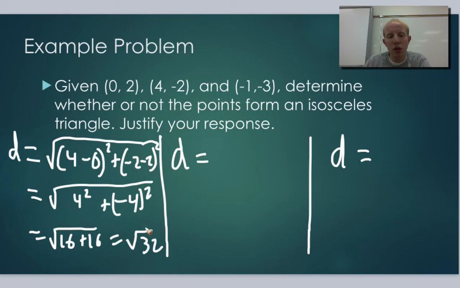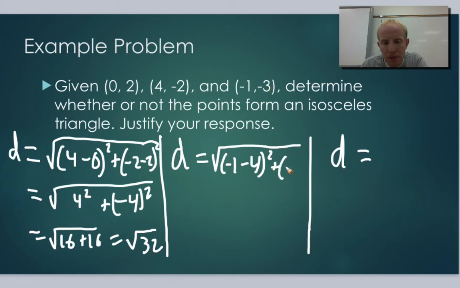Okay, so let's compare it to the other ones. So now we're going to do these points, this point and that point. Square root of, x2 in this case is negative 1. x1 is 4. y2 is negative 3. And y1 is negative 2, or plus a positive 2 squared.